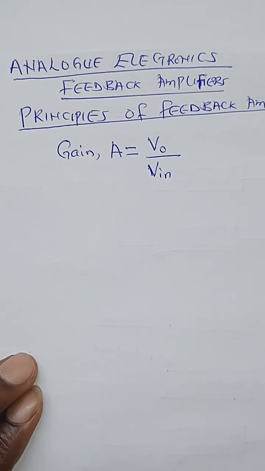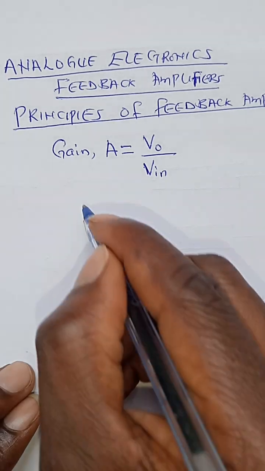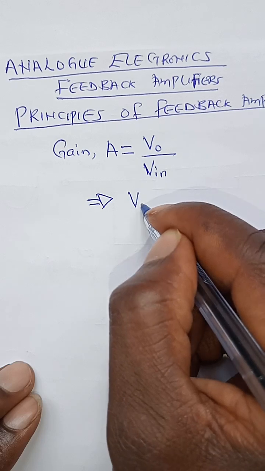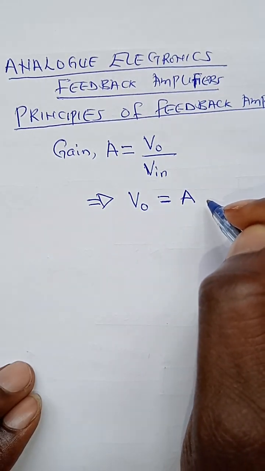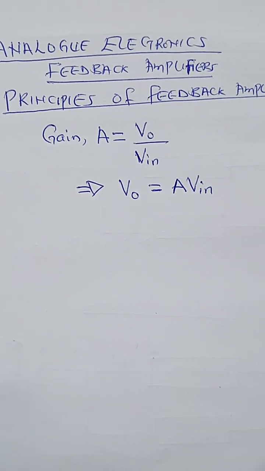This tells us that the output voltage is given by the gain of the amplifier multiplied by the input voltage.